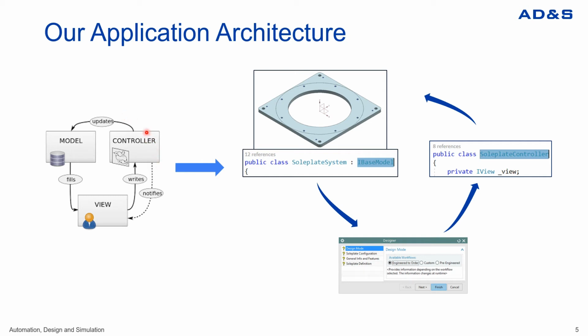Now, if the model receives a request from the controller, then the model will process those requests, and any updates, any results derived from those processes will then be communicated back to the view, thus completing the loop.